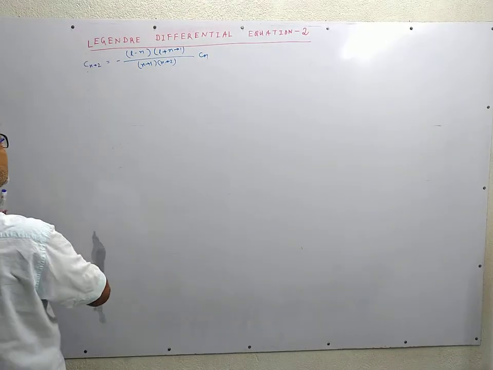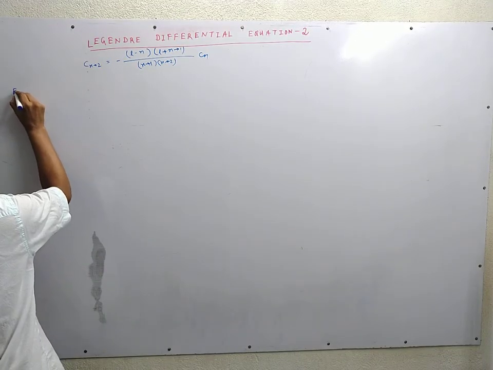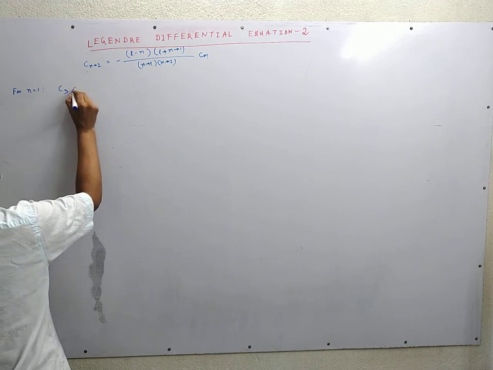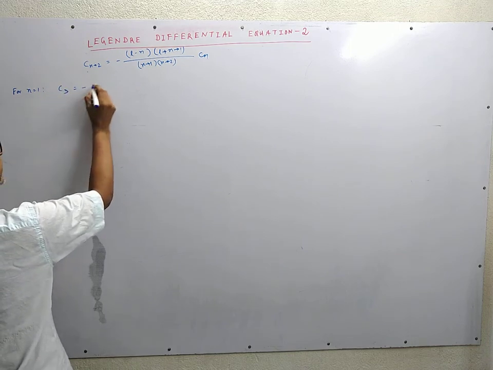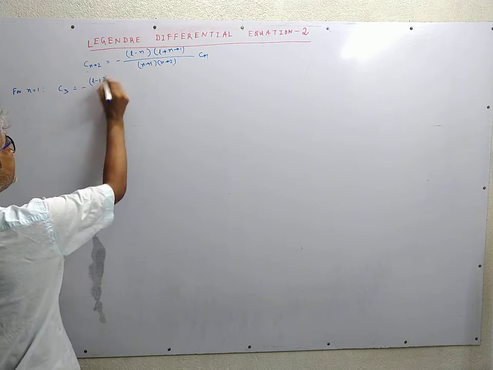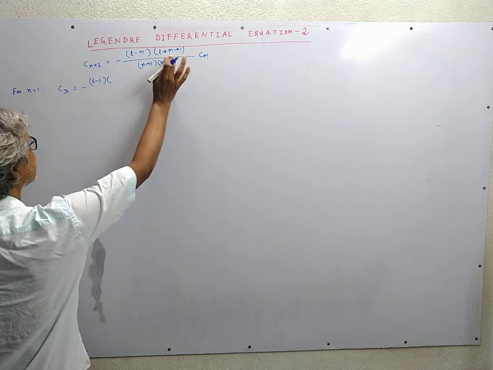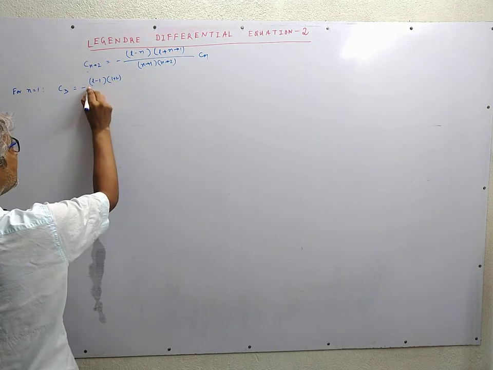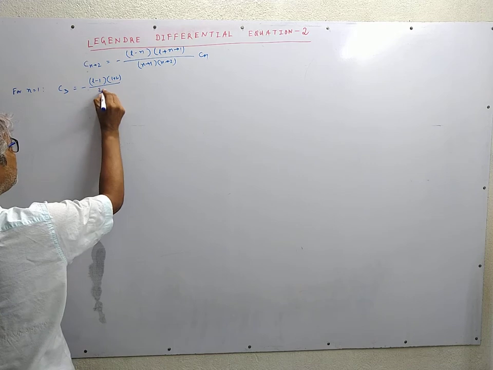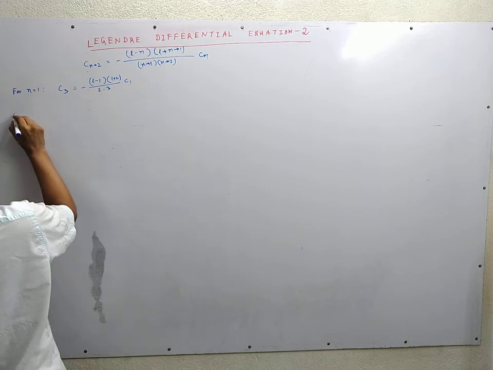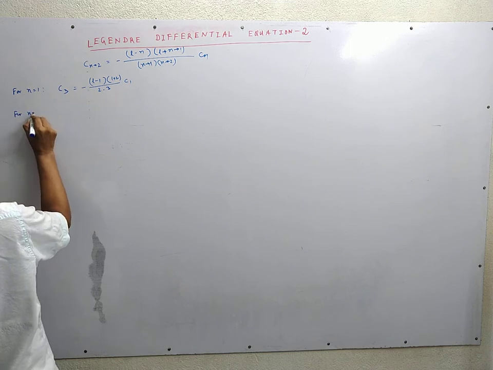So C3 is equal to minus (L minus 1)(L plus 2) divided by 2 into 3, times C1.